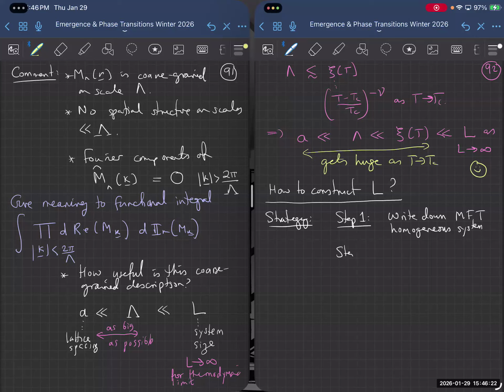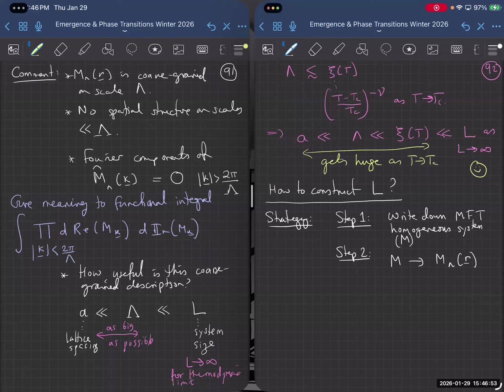Then step two. So our mean field theory depends on the magnetization, M. Now what we've done is we're going to make M go to M lambda of R. So you might think, okay, well, all I have to do is write down the mean field theory, the equation of state, just as I wrote it before, but now replace M by a spatially varying M. That's close, but it's not correct.